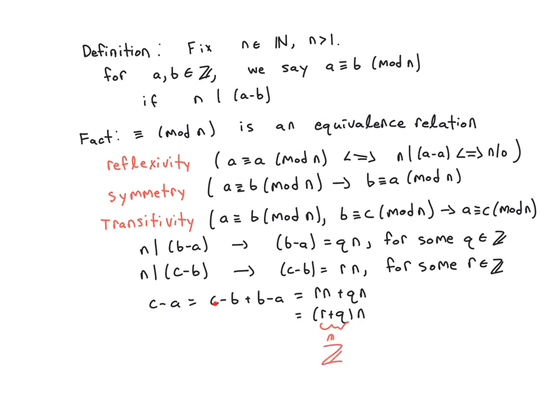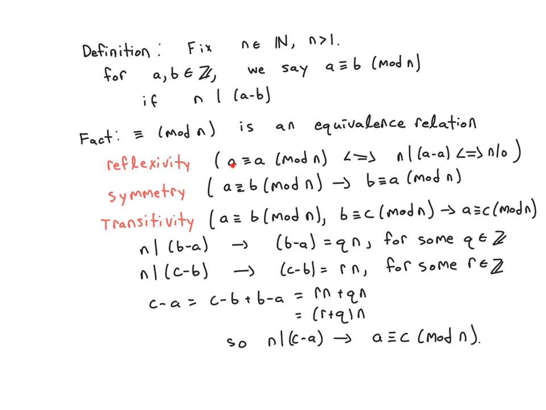So c minus a is an integer multiple of n, which means that n divides c minus a, as we wanted to show, which means that a is congruent to c mod n. So we got the divisibility property we want, and hence we got the conclusion we want.